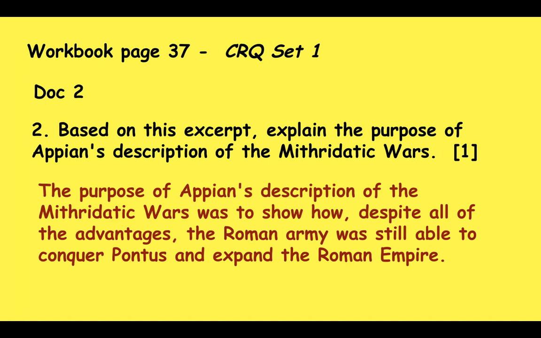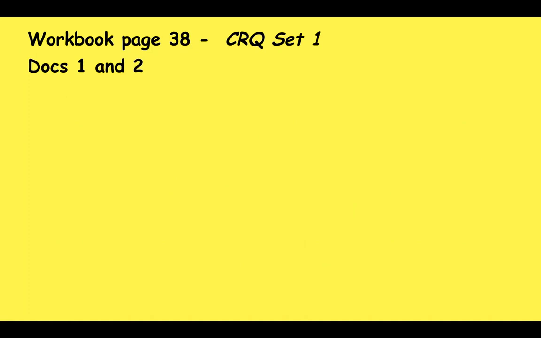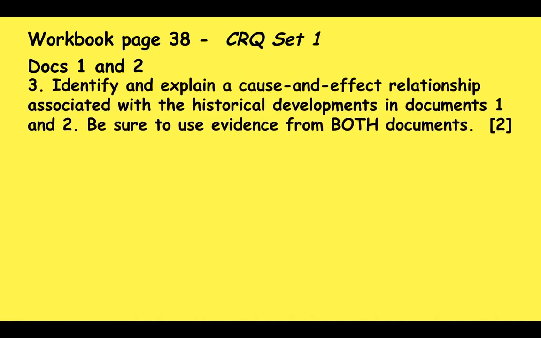So lastly, we've got to do question number 3, which, if you remember, always relates documents 1 and 2 together. So this question is: identify and explain a cause and effect relationship associated with the historical developments in documents 1 and 2. Be sure to use evidence from both documents.